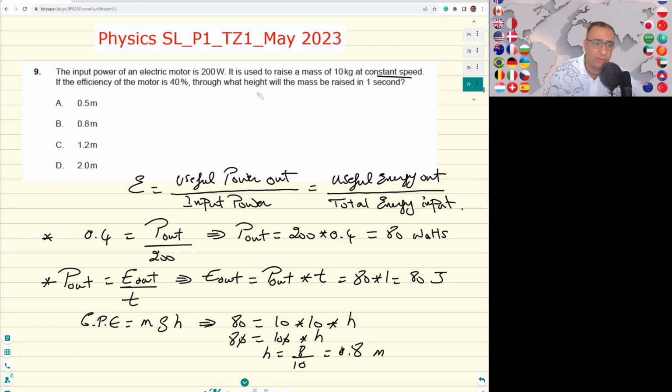I made sure everything is in SI units: the mass in kilograms, the power in watts or joules per second, the time in seconds. So the height has to be in meters. The final answer for question number 9 is B.